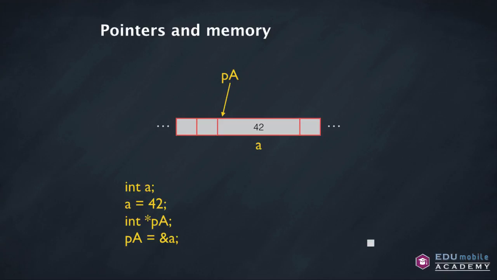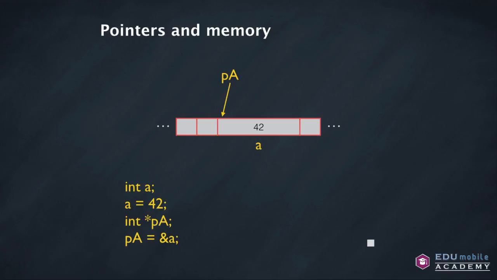And the value it gets assigned is the memory address of A, not 42, but the physical address of the first byte of that 4-byte integer in memory. Then if I say star PA, contents of PA, that represents the value stored at A. In other words, 42. If I change A to 43, contents of PA changes.